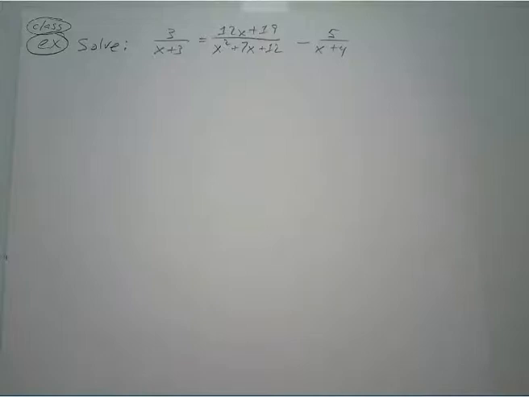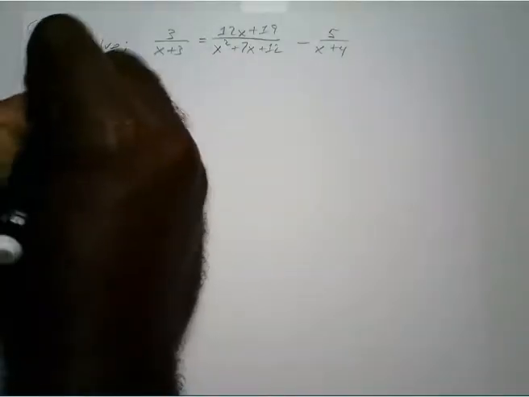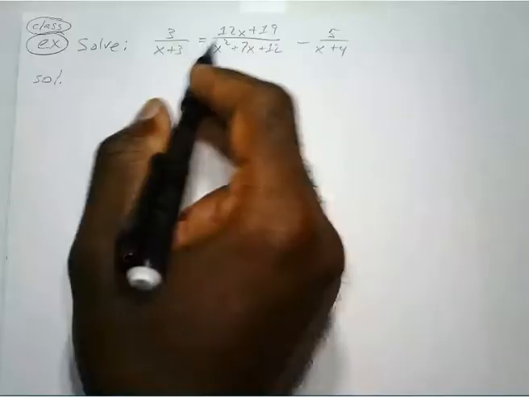All right, so I'm assuming you've pressed pause, you've worked this one out, and everything looks good, and you're ready for me to just verify that you are correct. Okay, so remember your first step is to factor whatever is necessary.